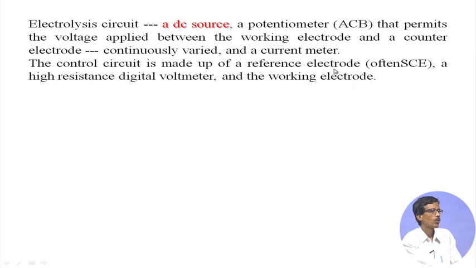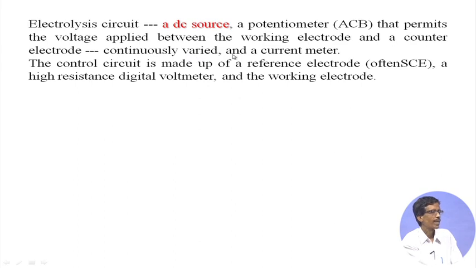When we are talking about the circuit with the reference electrode, we are talking about the measurement of the potential, and when we are talking about the counter electrode or the auxiliary electrode, we are talking about the passage of current.